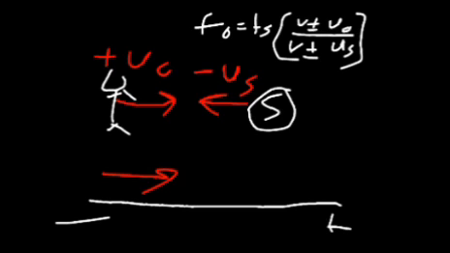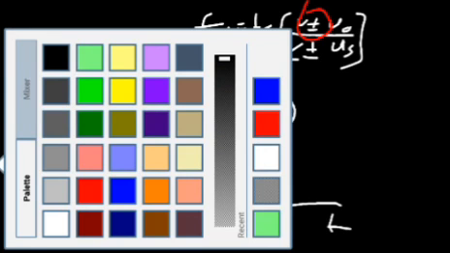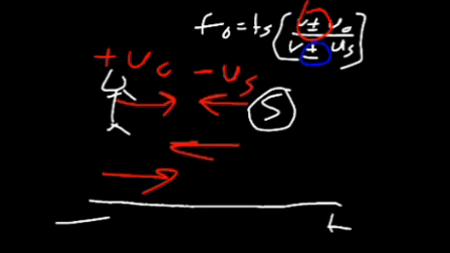Negative, because it's moving in the negative x direction. So it means you're going to use positive here and then use negative at the bottom because it's US. Remember, US is negative, so I'm going to use negative for US.